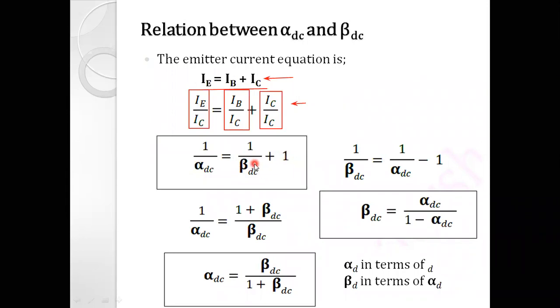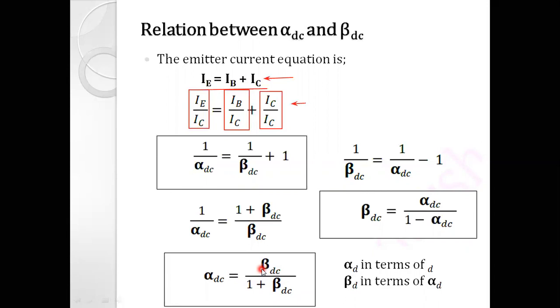By simplifying this equation, we have 1 upon alpha DC on the left hand side, and on the right hand side, by taking beta DC as LCM, 1 plus beta DC divided by beta DC. By inverting this equation on both sides, we get alpha DC is equal to beta DC divided by 1 plus beta DC. So here we have the current gain alpha DC in terms of the current gain beta DC.